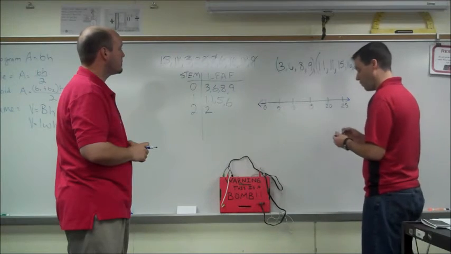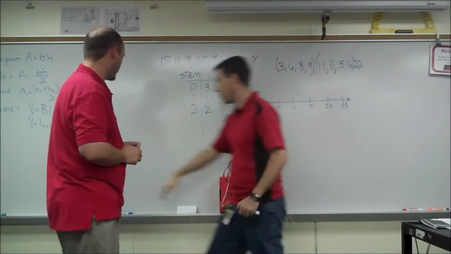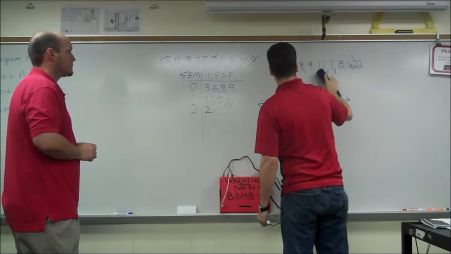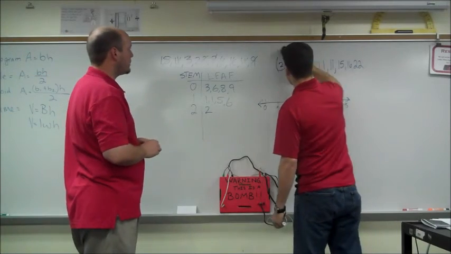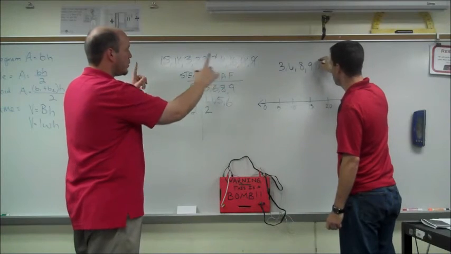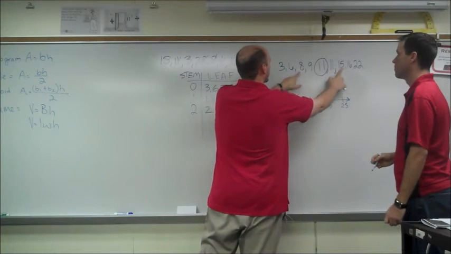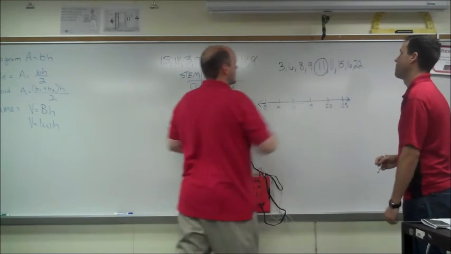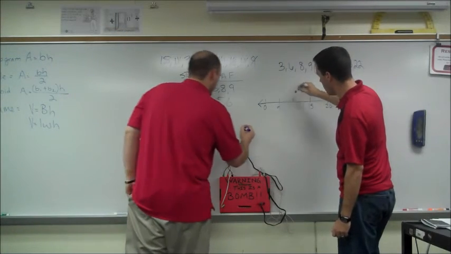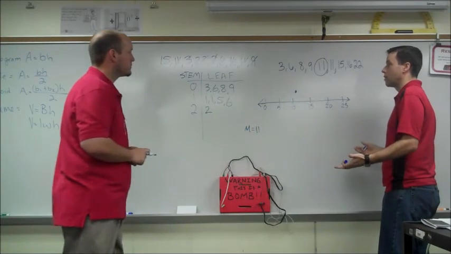When we make a box plot, we need to find the median, and we need to find the quartiles. So the median would be the middle number, so that's pretty easy to do. If we start on the ends and work our way to the middle, eventually we come up with a middle number of 11. So 11 is our median. I'm going to put a dot above about where 11 would be on my number line.